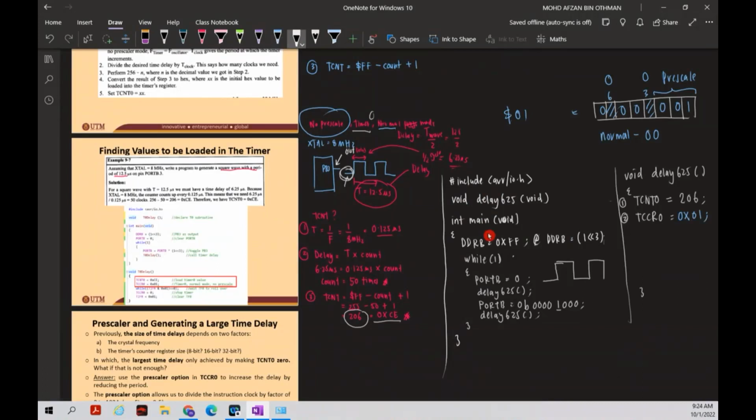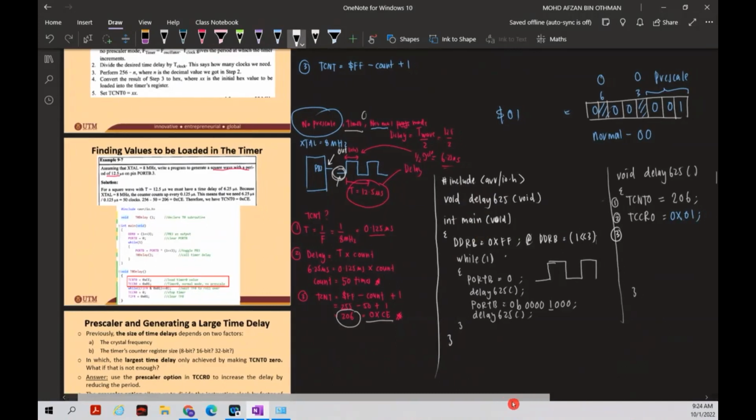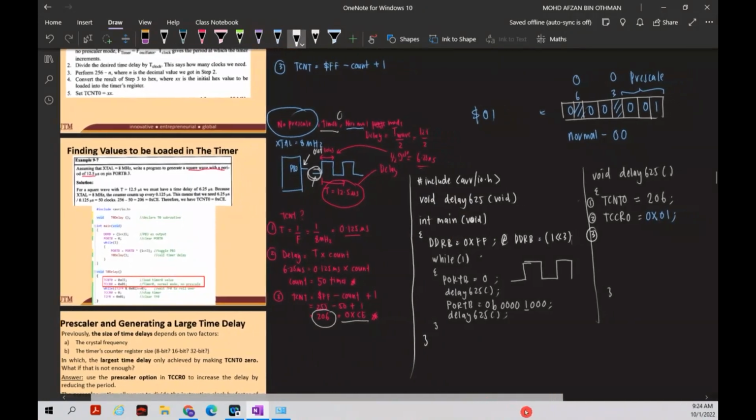Okay, next step number 3. What would be step number 3? Step number 3, you need to monitor the TOV flag. How to monitor the TOV flag? By using the while loop, which is while, and then TIFR, and with your TOV flag.